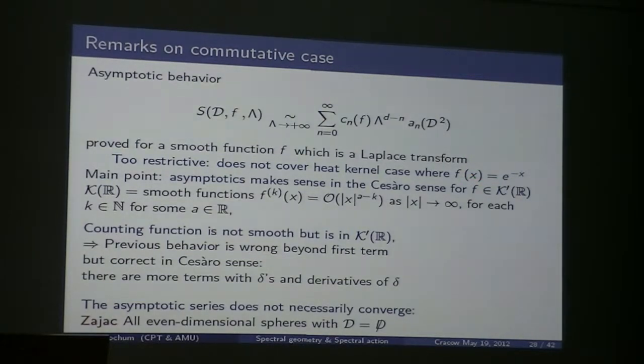Okay? So you can prove that this asymptotics makes sense, but in the Cesaro sense, in the distribution set K prime, where K of R are the smooth functions on which you have a controlled behavior of all derivatives.